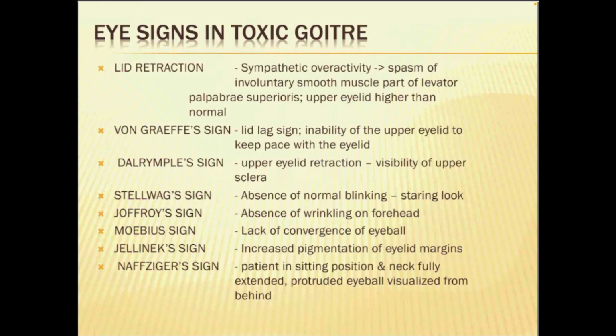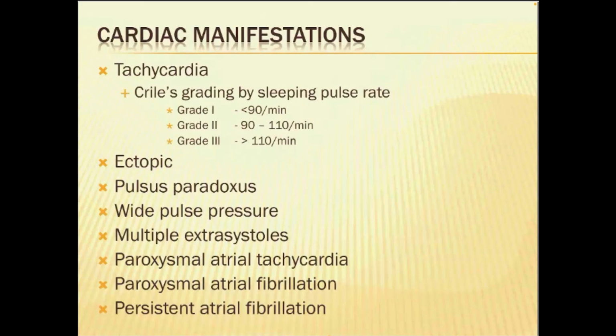So, what are the cardiac manifestations of hyperthyroidism? Patient will have tachycardia. An important clinical thing to notice in hyperthyroidism is the sleeping pulse rate. Usually, in normal persons, the sleeping pulse rate will be lower than the average pulse rate in the morning.